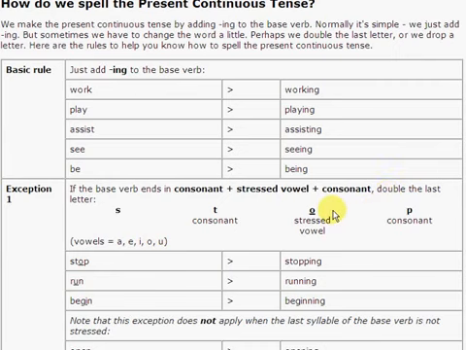Okay? So in that case, we have to double the last letter. Note that this exception does not apply when the last syllable of the base verb is not stressed. Just like with the word open. Open, opening. We didn't double the last letter because the vowel in the last syllable is not stressed.